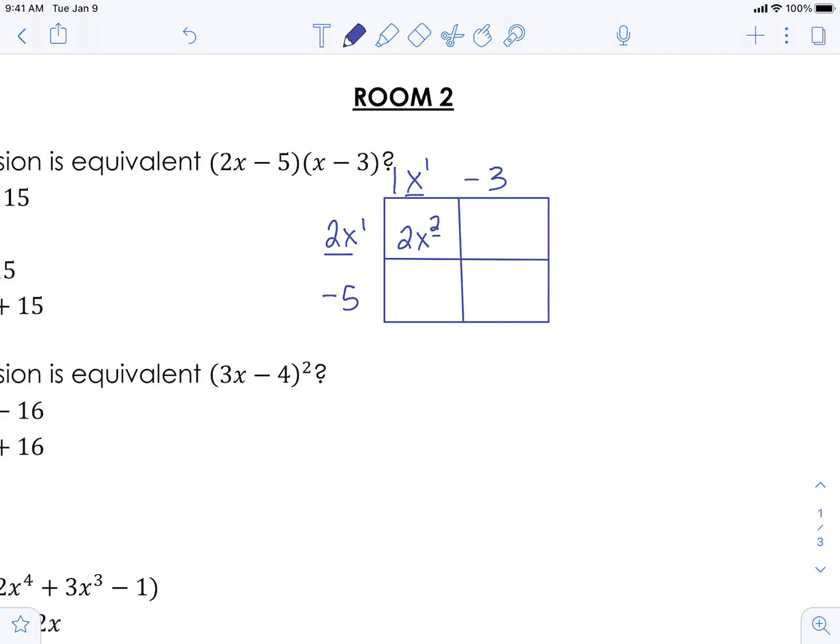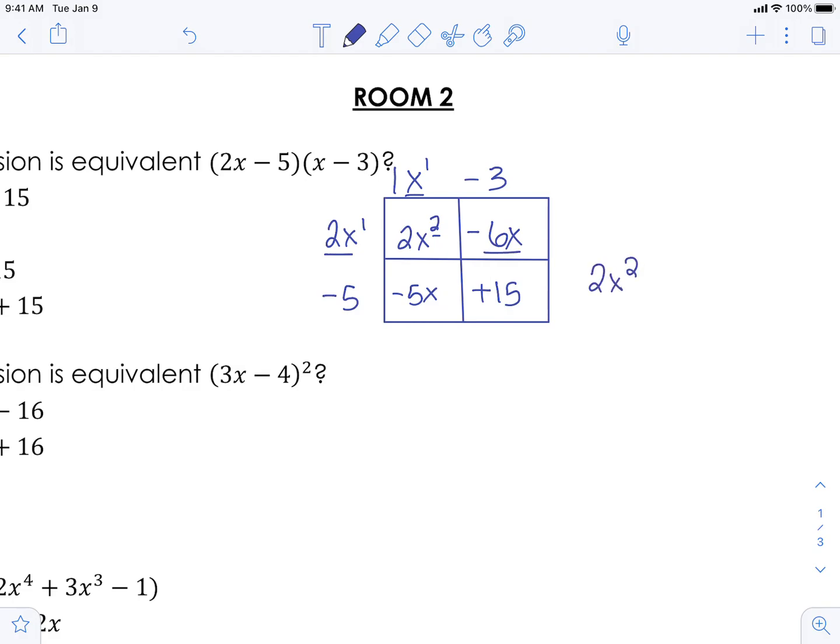Then I take 2x times negative 3. So 2 times negative 3 is negative 6, and the x drags along. Then I take negative 5 times 1x. Negative 5 times 1 is a negative 5, and I tag along the x. And then negative 5 times negative 3 is a positive 15. So I look, I have 2x squared.